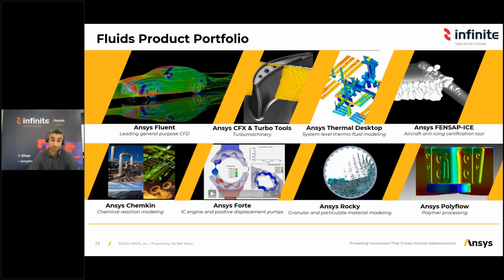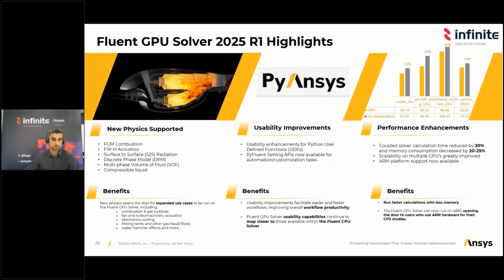So very nice improvements again on performance, solve times, and some capabilities that were added across the different products. Let me start with Ansys Fluent, which is our main CFD solver for general CFD applications. Good to know on the GPU side, there are new physics supported by the GPU solver.